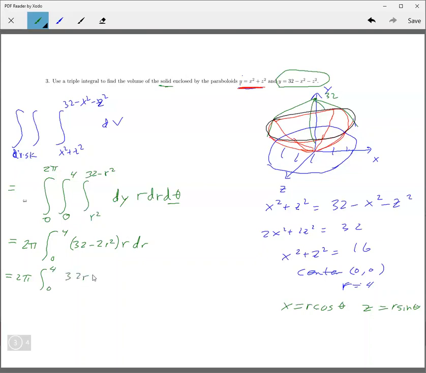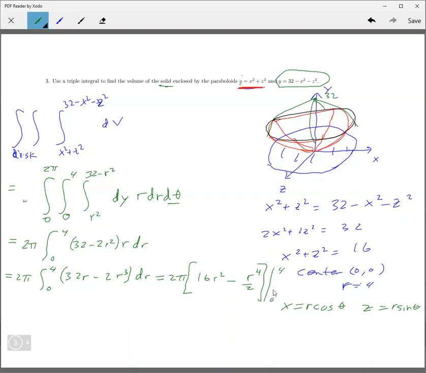Okay, so 32r minus 2r cubed dr. Now we integrate. This is going to be 16r squared, and this one is r to the 4th over 2, right?